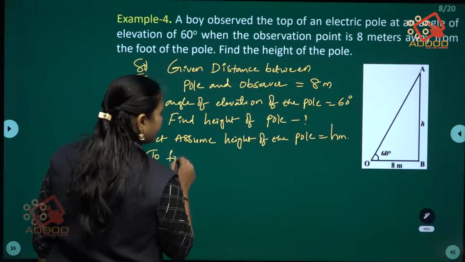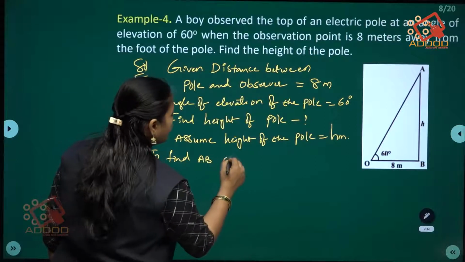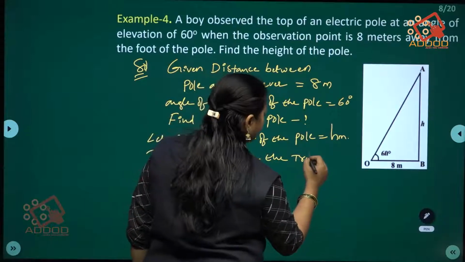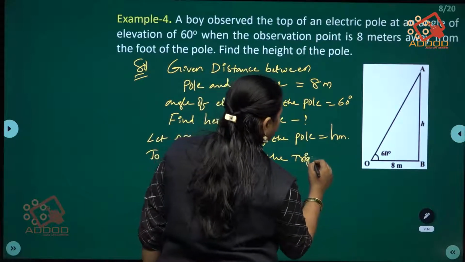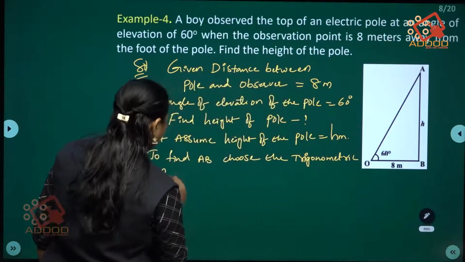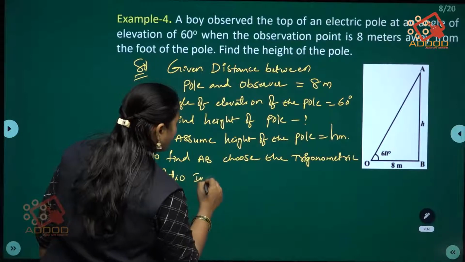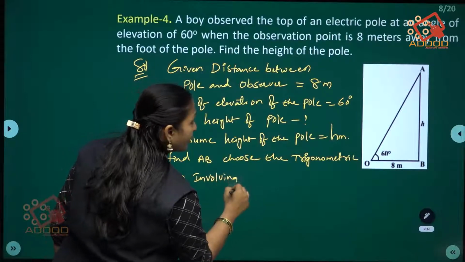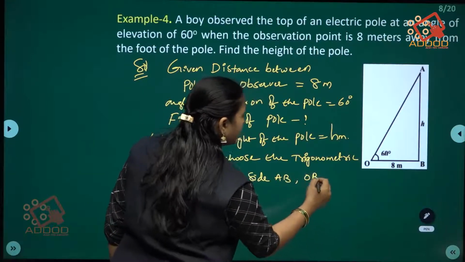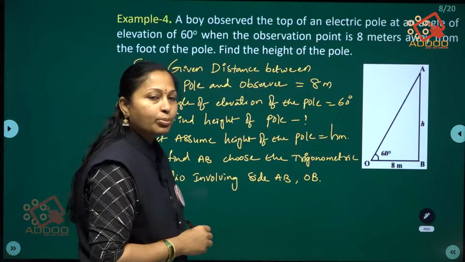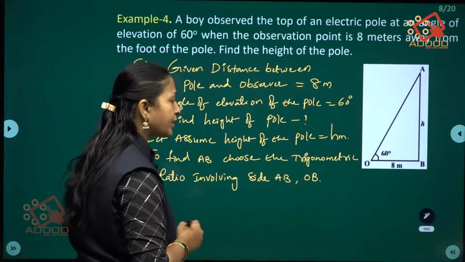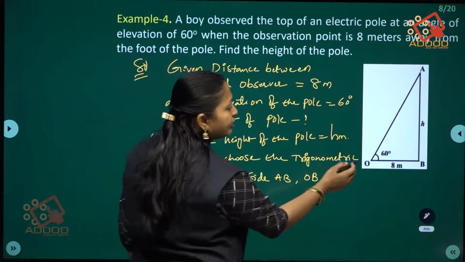To find AB, choose the trigonometric ratio involving side AB, OB. So side AB will become the opposite side and side OB will become the adjacent side. So the required trigonometric ratio is tan, with respect to 60 degrees.